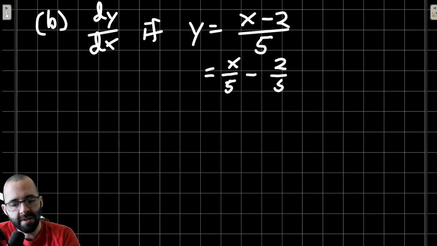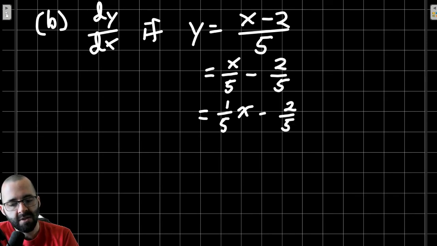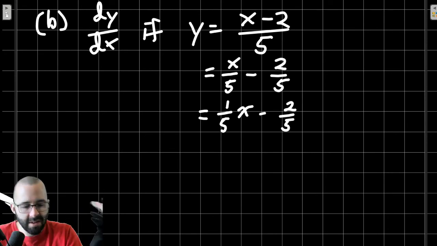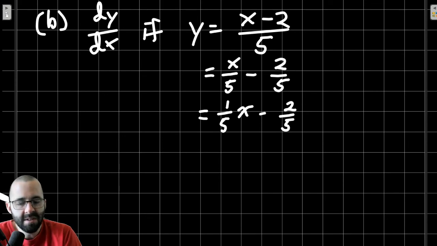And it might not be perfectly clear what's going on even now. But let me rewrite it one more time. X over 5 is the same as 1/5 x, right? Because if you multiply 1/5 and x, you write x as x over 1. Multiply the numerators, multiply the denominators, and here we are. Well, this is just a line.